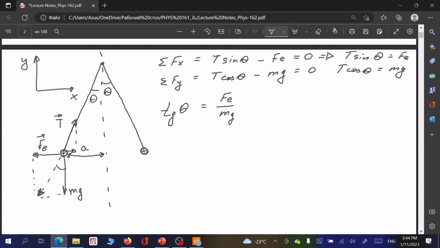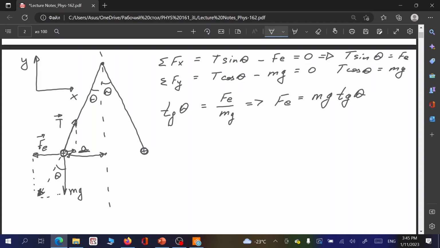So this is our angle theta, and we have the ratio between the opposite cathetus to adjacent cathetus. From here, we can write that electrical force is equal to mg times tangent theta. So now, if we assume that tangent theta is known, we also need to define this distance a, distance between the central line and electric charge.